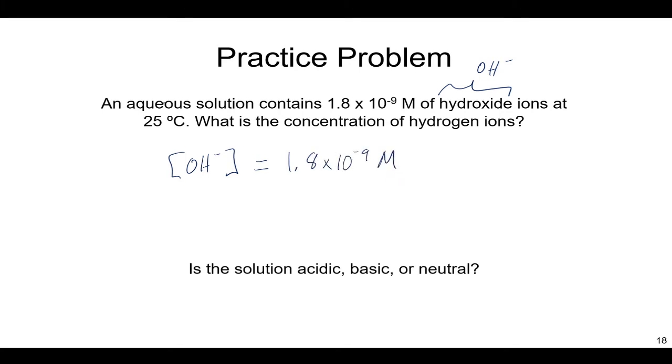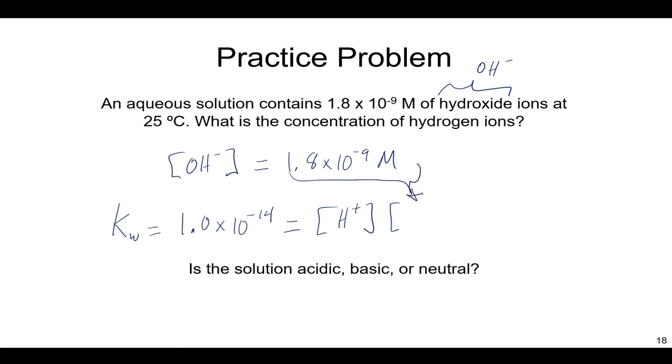molar, and I also know it's an aqueous solution, so I know in an aqueous solution, this must be maintained: 1.0 times 10 to the negative 14, and this is a representation of H plus times OH minus, where this OH minus is 1.8 times 10 to the negative 9 molar.